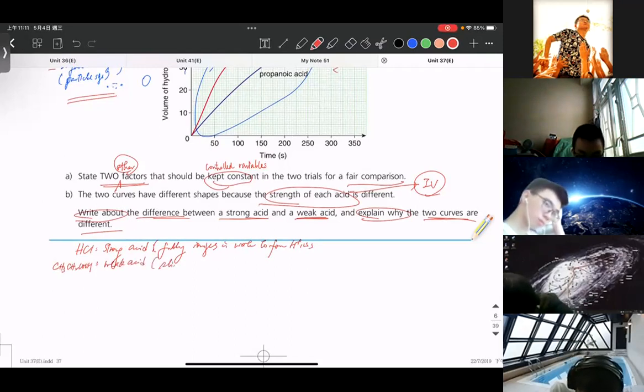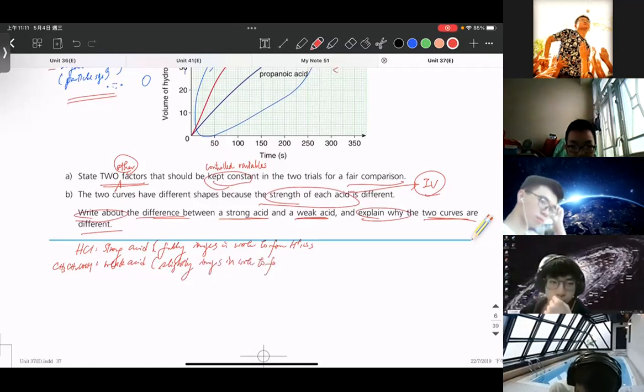So it slightly ionizes, or completely ionizes, in water to form hydrogen ions.